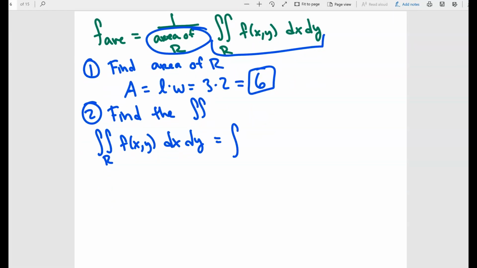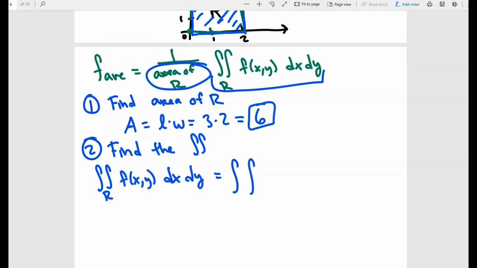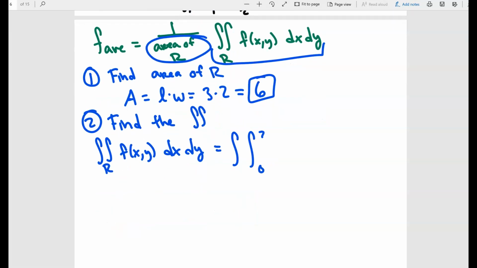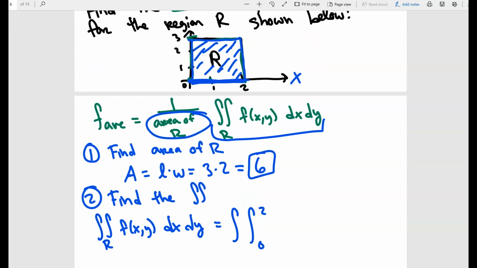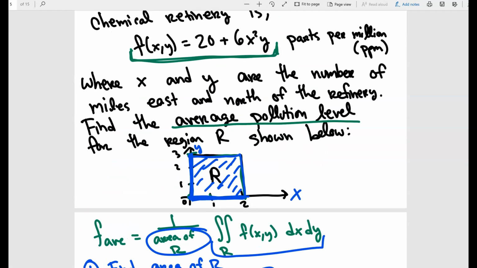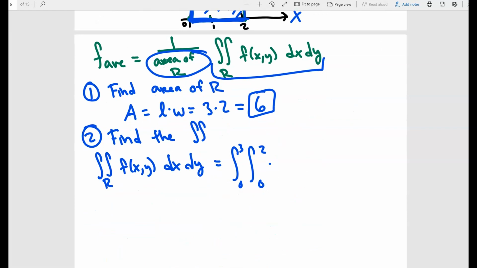In this case, the limits of integration with respect to x is going to be from 0 to 2, because that's how far x goes. Here's x. And the limits of integration for y, here's the y value, it's going to be from 0 to 3. F of x comma y is given to us. It's going to be 20 plus 6x squared y. The first is going to be dx, and the second one is going to be dy.